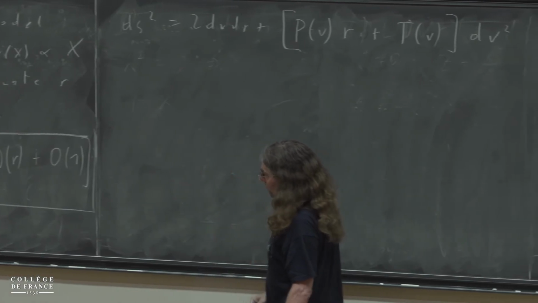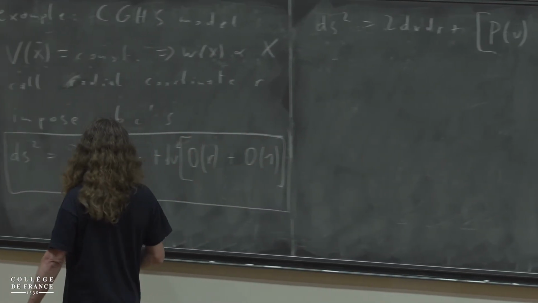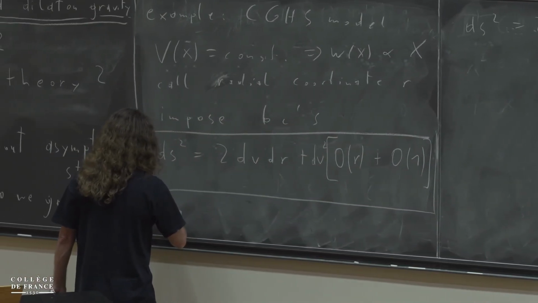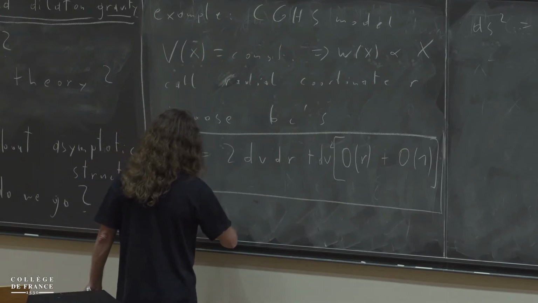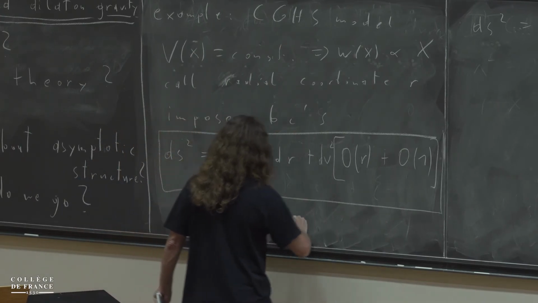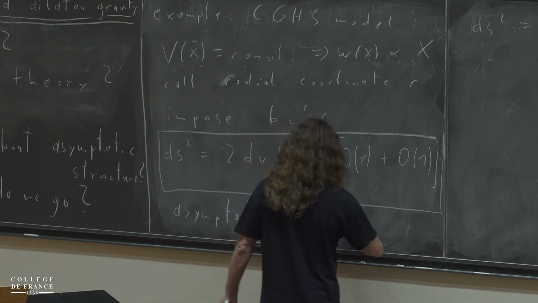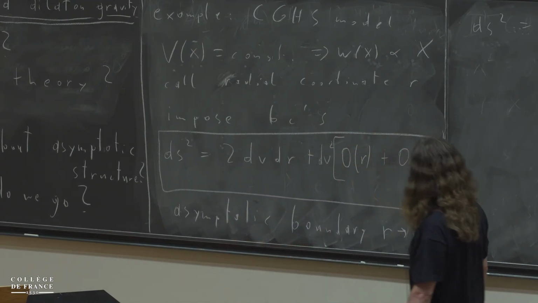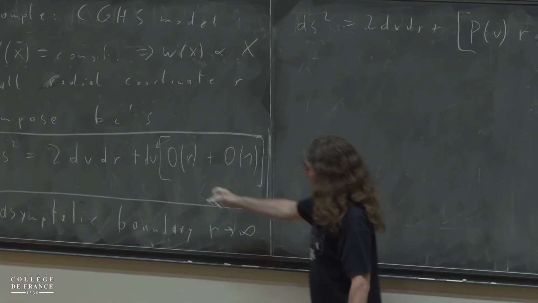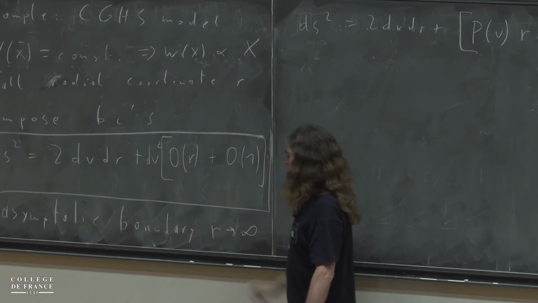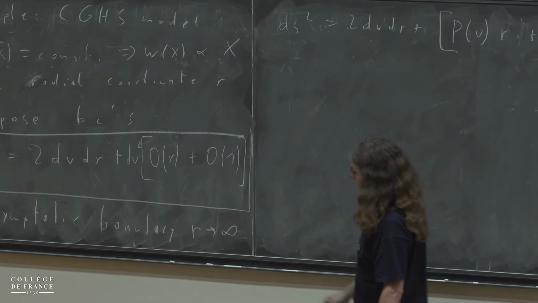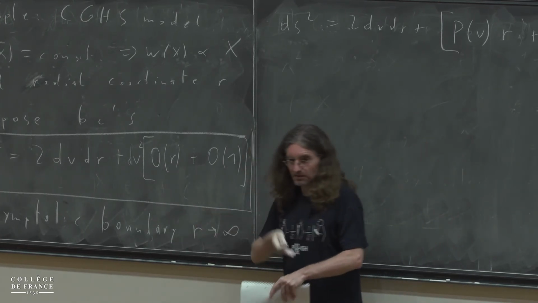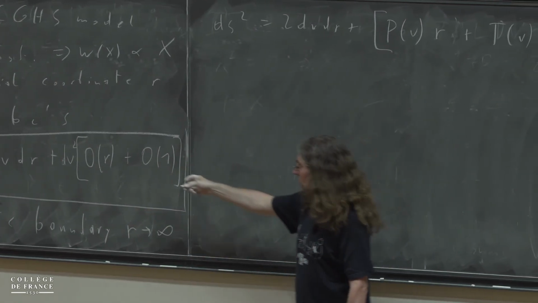So we're picturing some situation where we're interested in an asymptotic boundary, which we assume is located in the limit r to infinity. So we make a Taylor expansion in inverse powers of r, and the leading order term actually diverges linearly in r, and the subleading term is order 1.